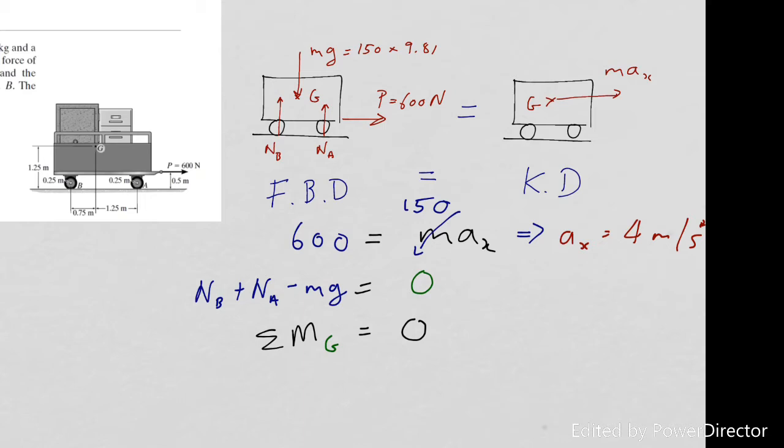I got my ax. If I look at my y direction, which is the NB plus NA minus mg, that equation, we cannot solve anything because NA and NB are unknown, even though mg we can calculate quite easily. So if that will be the case, I just move my mg over there, then they become positive.